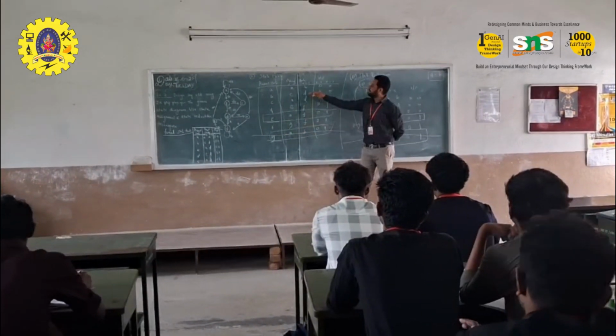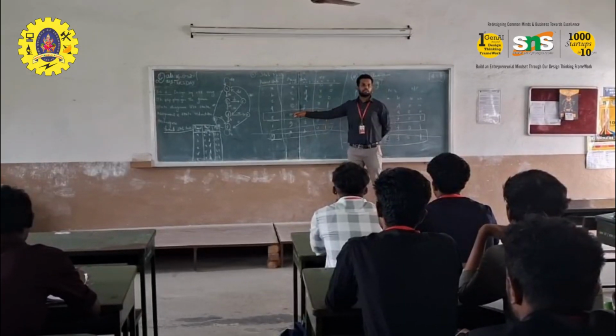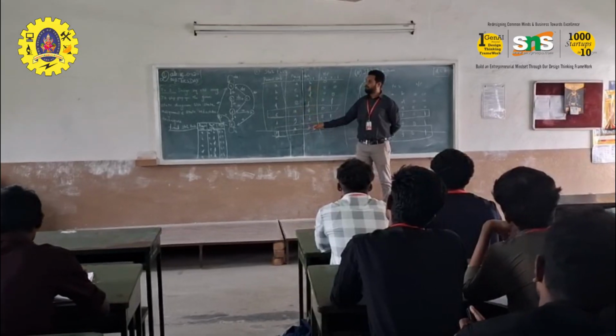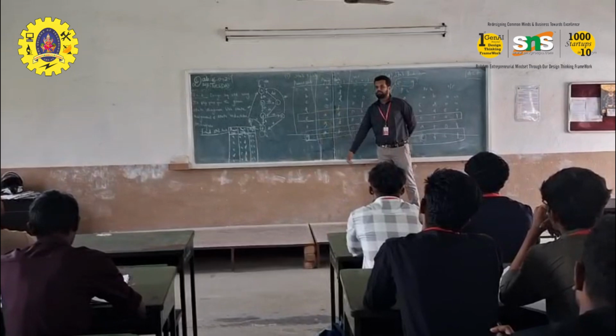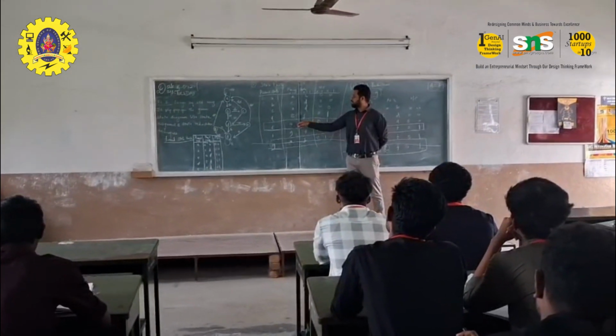Once the table is filled, we have to see whether any state is repeating its output as well as next state. From this table, you can definitely see that the states E and G have the same output as well as the same next state.